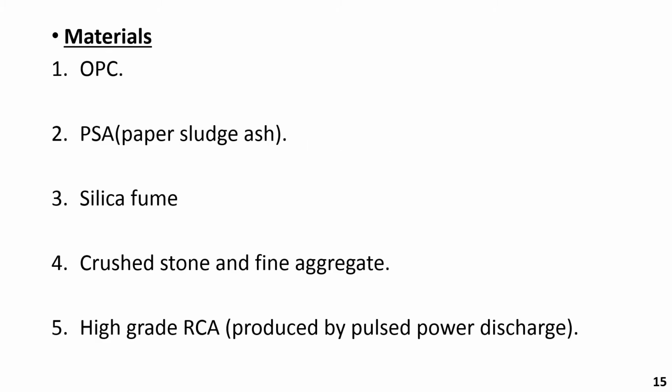Methodology: these are the materials which were used in this research: ordinary Portland cement, paper sludge ash, silica fume, crushed stone and fine aggregate, and high grade recycled coarse aggregate, which was produced by pulse power discharge.